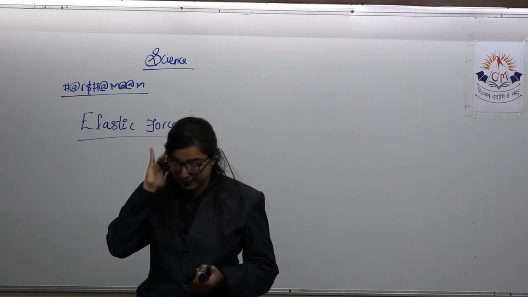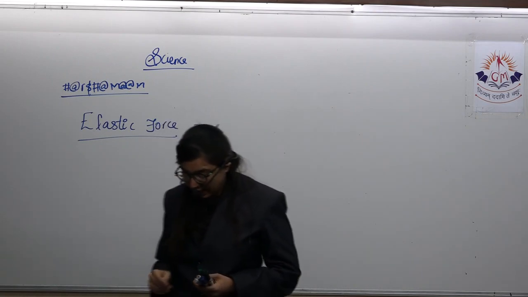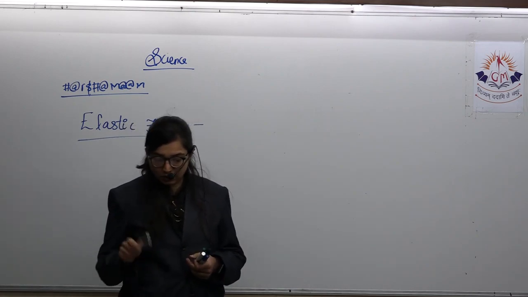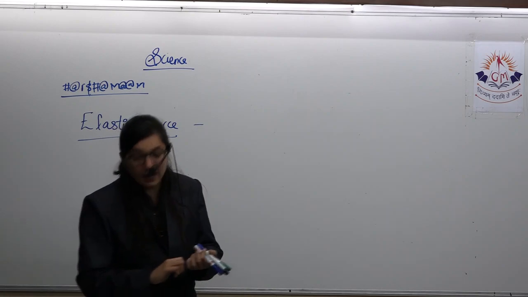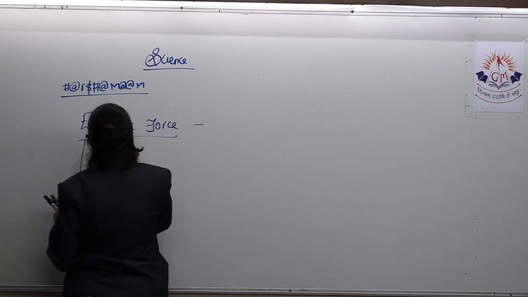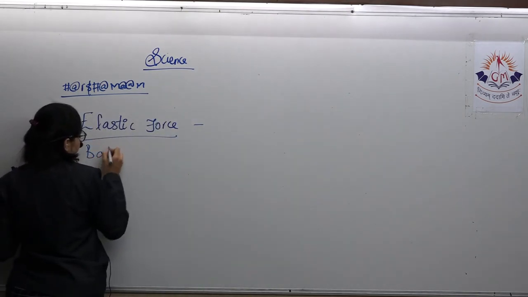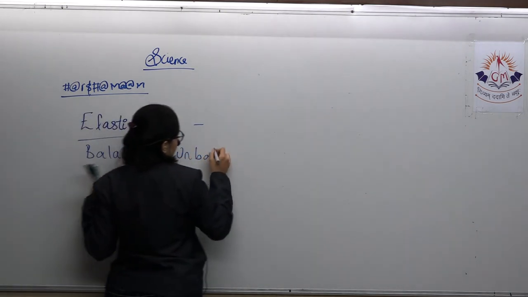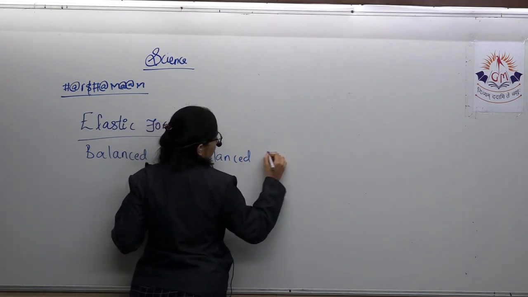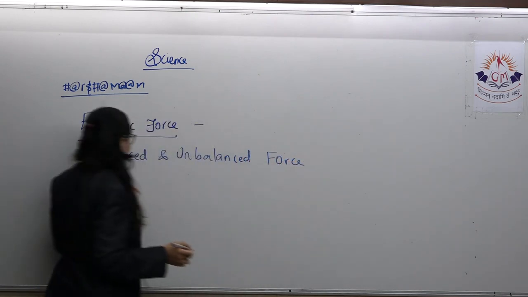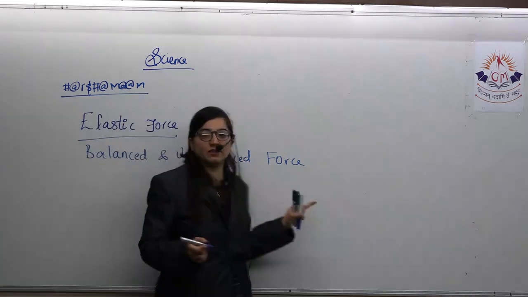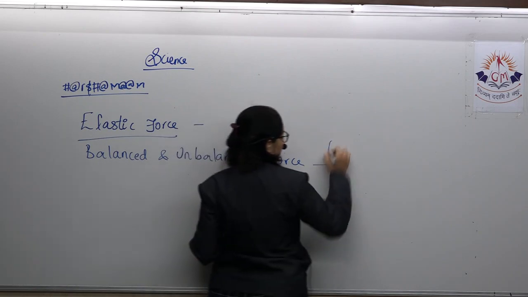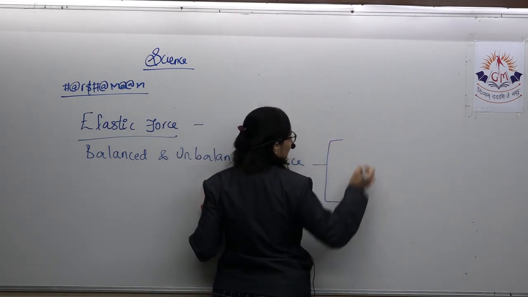Let's move further on the numerical ability. Here they have given one particular box, and on that box one person is applying force. This is the concept of balanced and unbalanced force. When the resultant is 0, it is balanced, and when the resultant is non-zero, it is unbalanced. If we move further, then here they are further bifurcated into two parts.